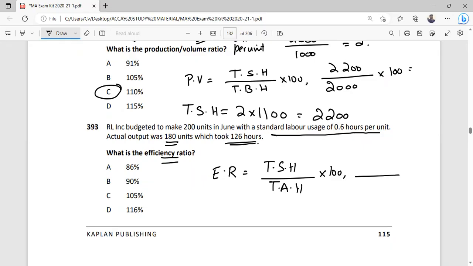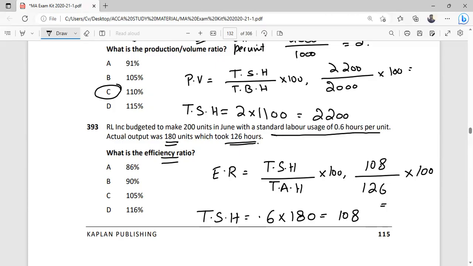Now the total actual hours are 126, but again total standard hours are missing. 0.6 into 180 units, standard hours per unit into actual units. So it is 108. So 108 divided by 126 into 100.